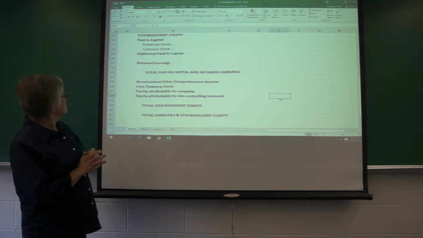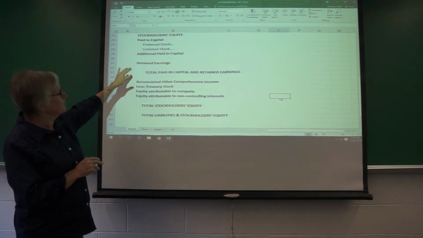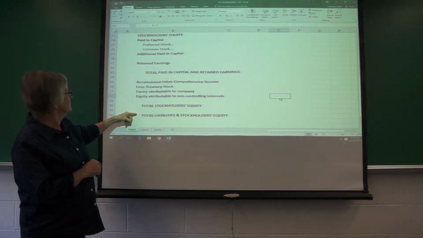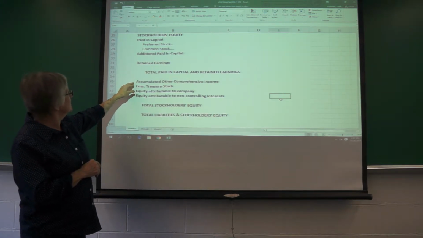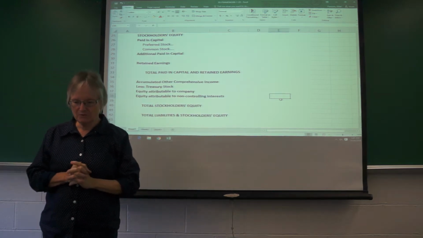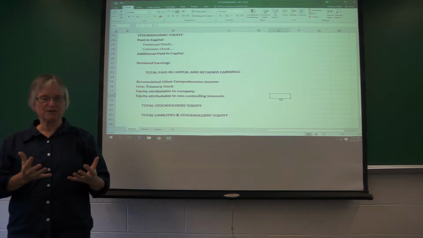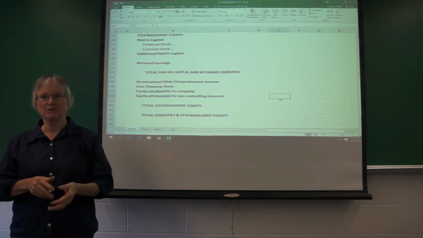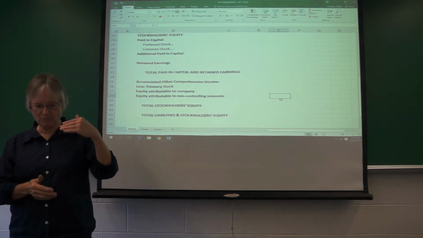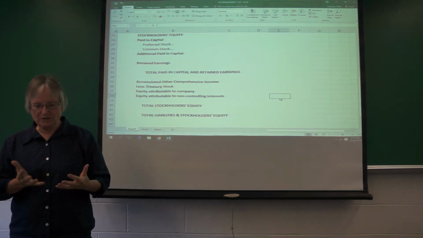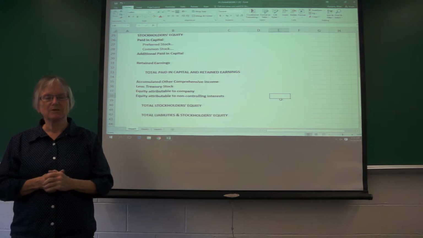Okay, then we get into things we're all fairly familiar with, we just get a lot more detail. Then you come down to some other stuff. The accumulated other comprehensive income, we've talked about comprehensive income in Chapter 4. This is the equivalent of retained earnings for comprehensive income. It accumulates it. It's sort of all of the comprehensive income since the company started.